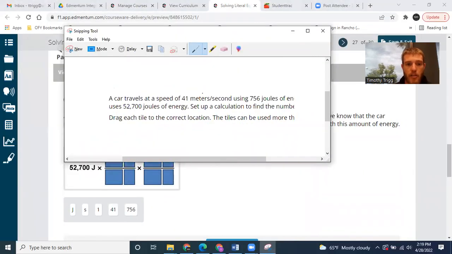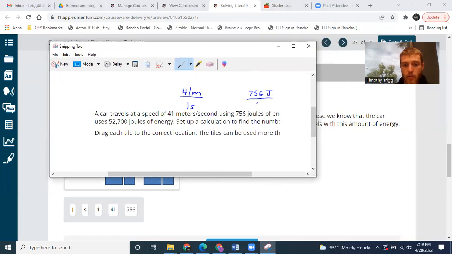But basically, this first ratio is 41 meters for 1 second. That's this first ratio. The other ratio was 756 joules of energy every second. So 1 second. Again. Okay.